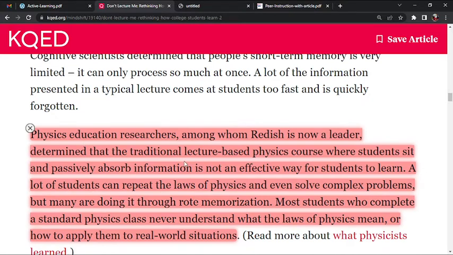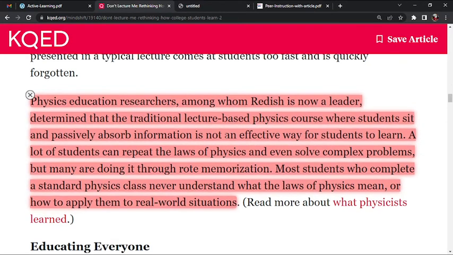Now, researchers, among them Redish, who is now a leader, determined that the traditional lecture-based physics course, where students sit and passively absorb information, is not an effective way for students to learn. Now, you replace physics course with programming courses or data science courses. Let us read again: among whom Redish is now a leader, determined that the traditional lecture-based programming course, where students sit and passively absorb information, is not an effective way for students to learn.